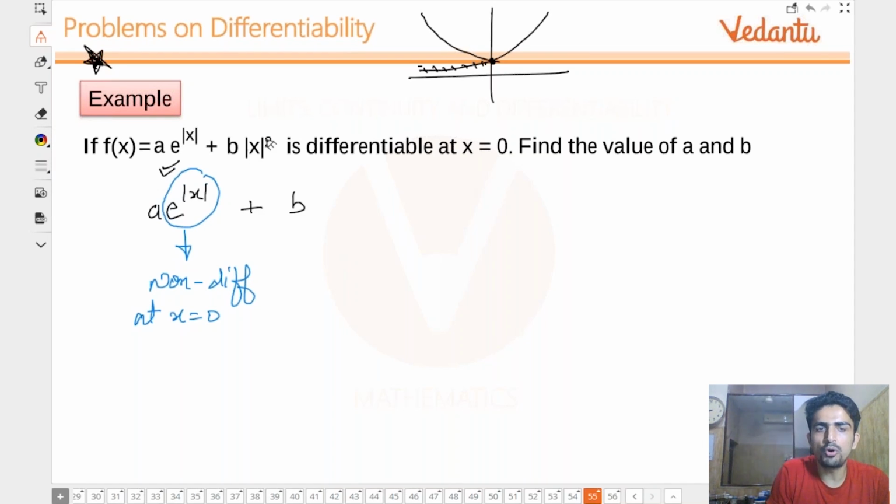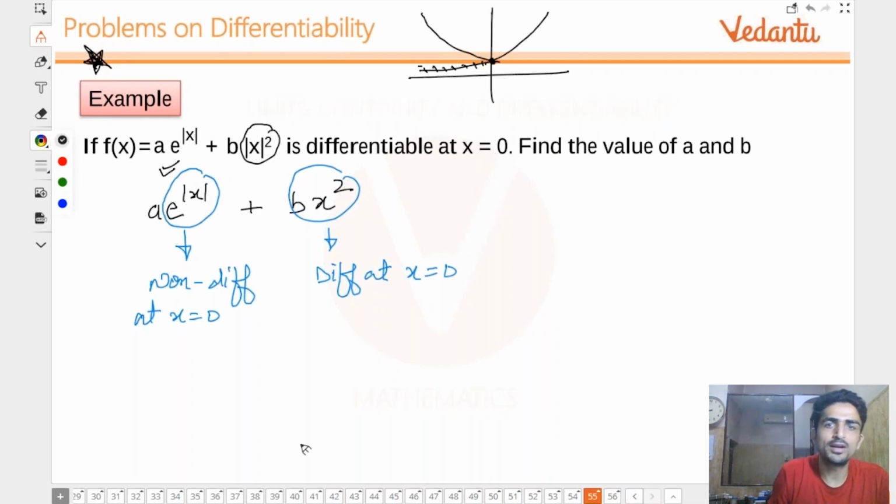Talking about b times mod x squared, guys, mod x squared is the same as x squared. Now this is differentiable at 0. Now guys, old fundamental: a bad thing when added to a good thing will make it bad. So when we add these two things, they will become non-differentiable at 0. But we want it to be differentiable at 0.